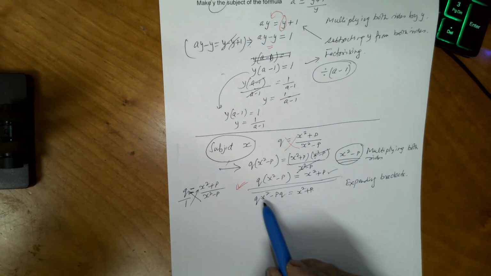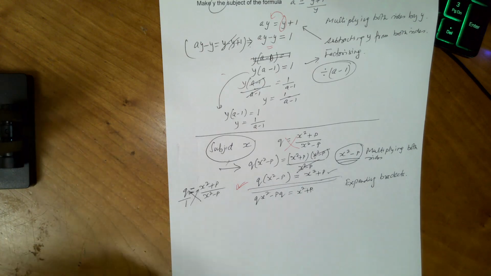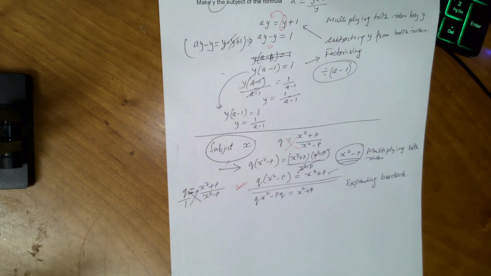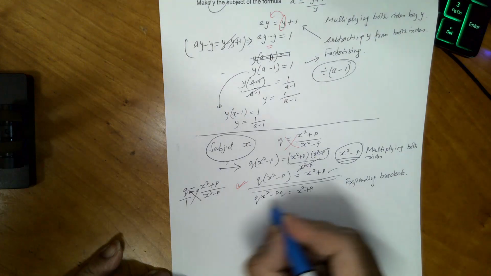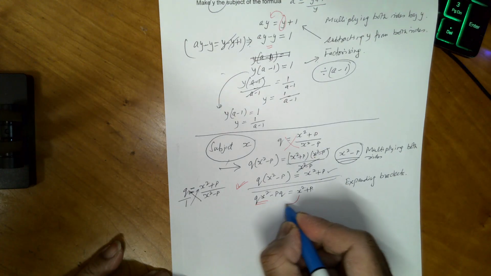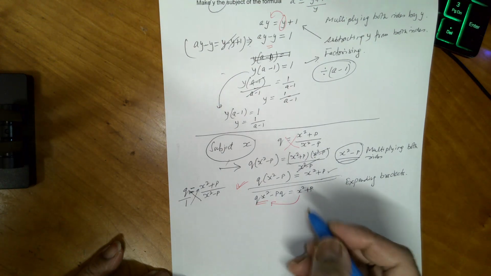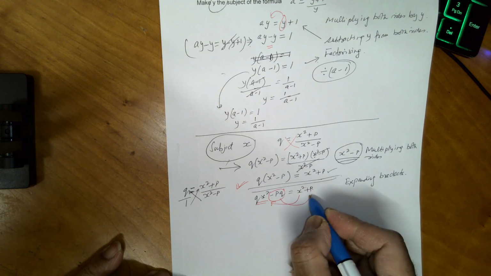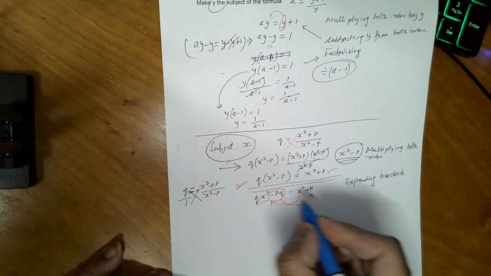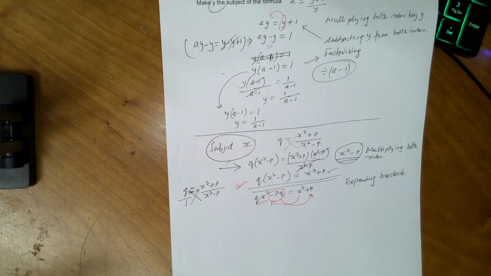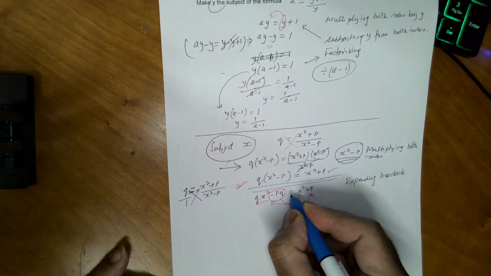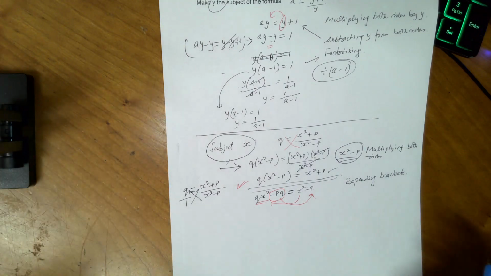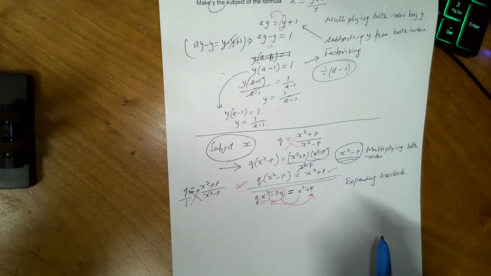Now you can see you're very close to getting the subject, but to get this, you need to move this x squared to this side, and then you can take minus pq to the other side, okay? So how would you do this?